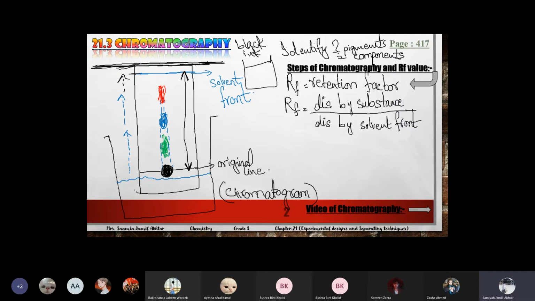Now this is the distance traveled by the solvent front from the original line to the end point. Suppose we measured this distance by the scale and it comes out to be 20 centimeter. So this will be our denominator, 20 centimeter, the distance traveled by the solvent front. Now we'll measure the distance traveled by the substance.